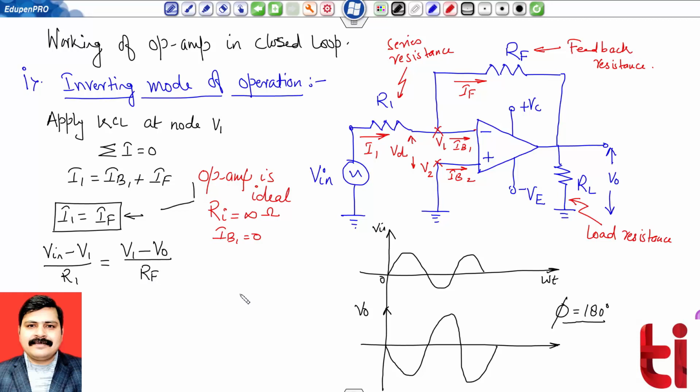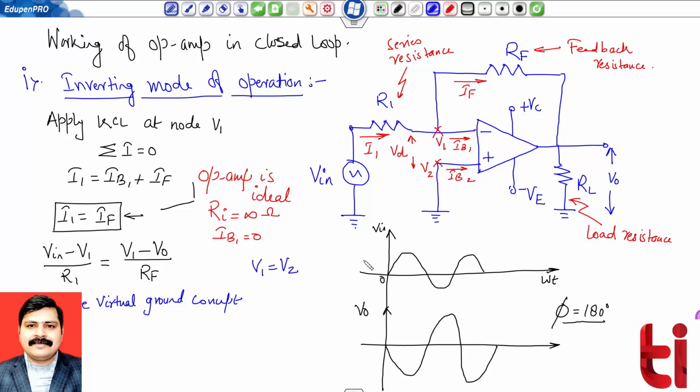Now in this, use the virtual ground concept. The virtual ground concept says that V1 will be equivalent to V2. From this diagram, you can check the non-inverting terminal is directly connected to ground.